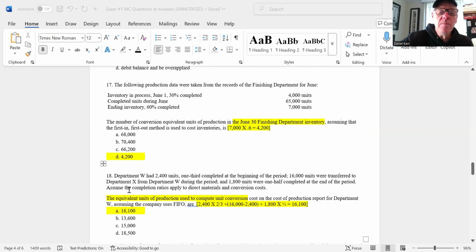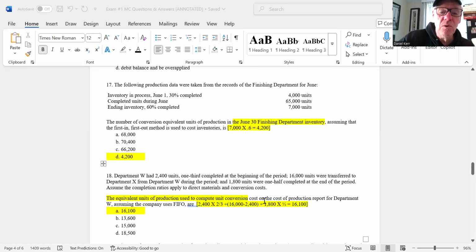All right, Department W had 2,400 units, 1/3 completed at the beginning of June, and 16,000 units were transferred to Department X from Department W during the period. 1,800 units were 1/2 complete at the end of the period. Assume the completion ratios apply to direct materials and conversion costs. And they want the equivalent units of production used to compute conversion costs.